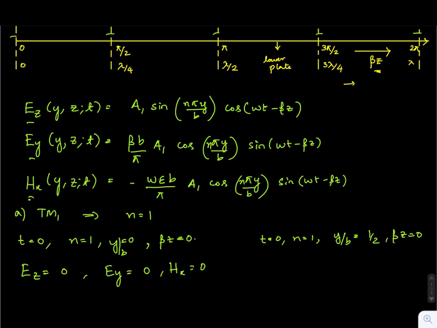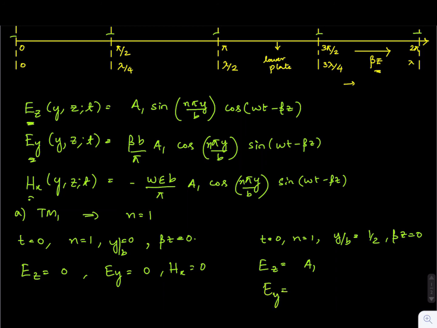What do we get? Ez equals sine pi by 2, which is 1, and cos 0 is again 1, so it'll be a1. Just apply these values to the equations and you'll see.